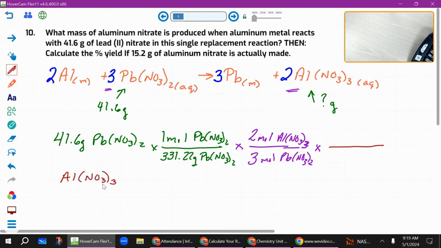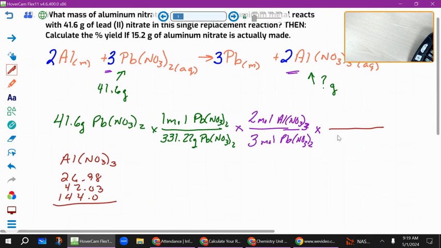Al(NO3)3. So that means aluminum is 26.98 plus 42.03 plus 144.0. Okay.